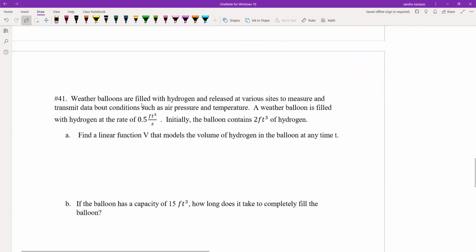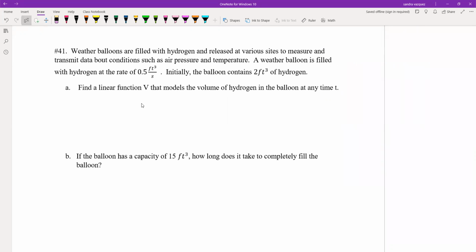Okay, let me move on to the last problem for section 2.5. It's problem number 41. Weather balloons are filled with hydrogen and released at various sites to measure and transmit data about conditions such as air pressure and temperature. A weather balloon is filled with hydrogen at a rate of 0.5 feet cubed per second.